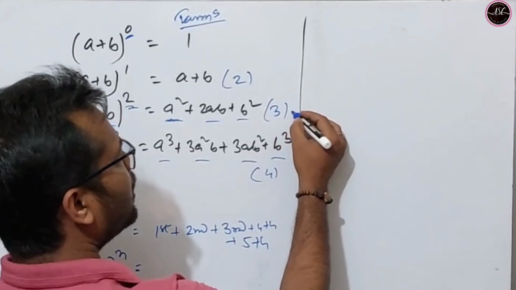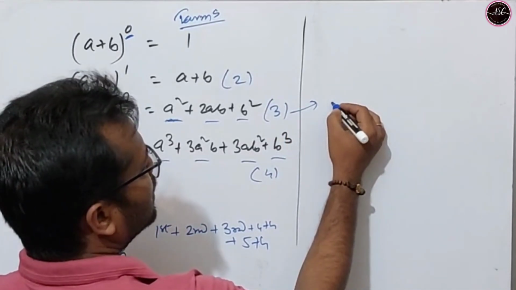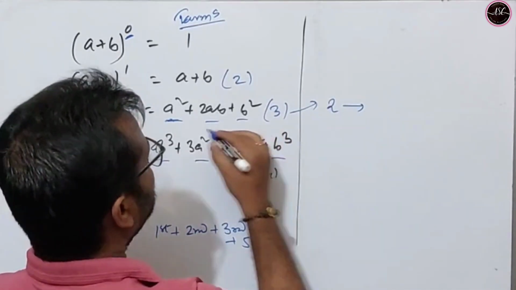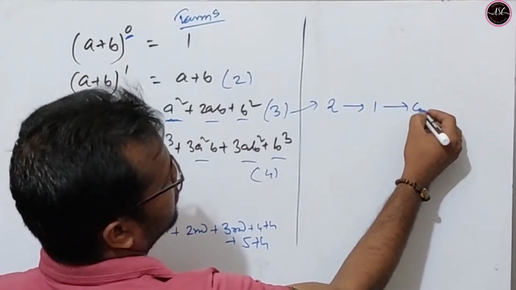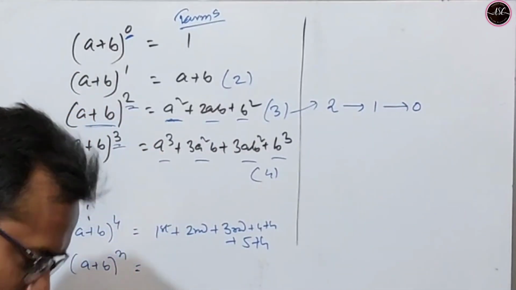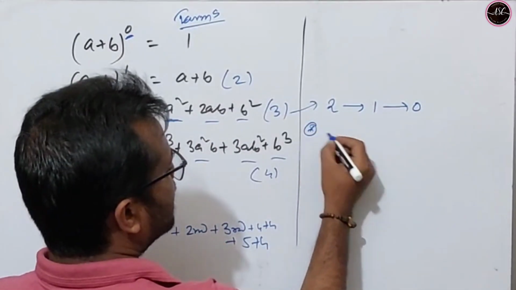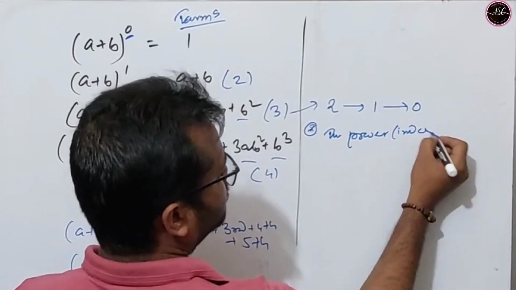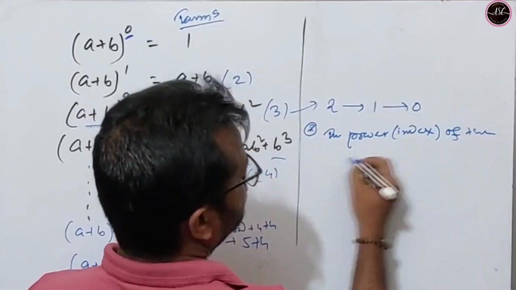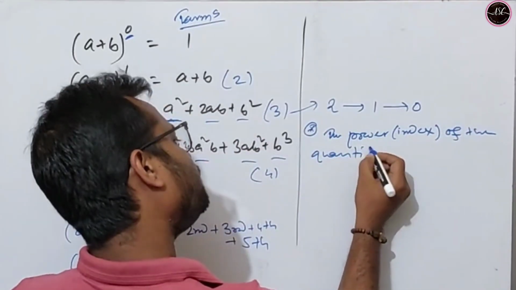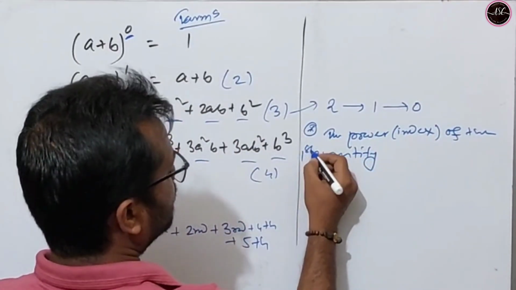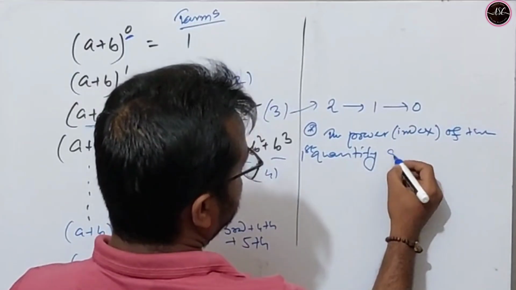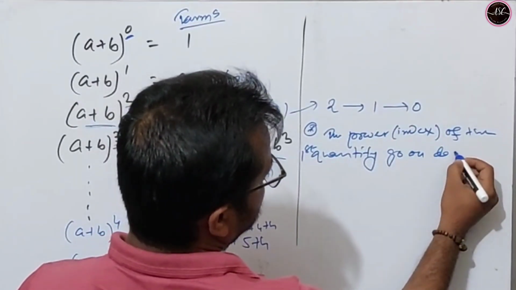So firstly the power is 2, then 1 and after that 0. Okay, so we can express this as the power or index of the first quantity goes on decreasing by 1.